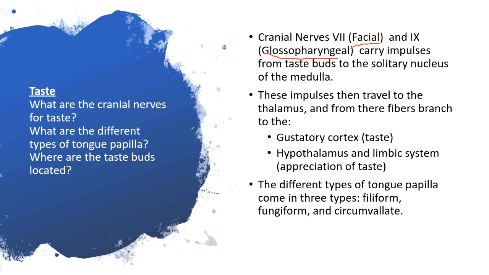Remember how I said the thalamus was the relay information? So anything that goes to the brain has to go through the thalamus. So this is what's going on. These impulses go to the thalamus, and the thalamus sends it to the right place, whether there's the gustatory cortex for taste or the hypothalamus itself to appreciate the taste.